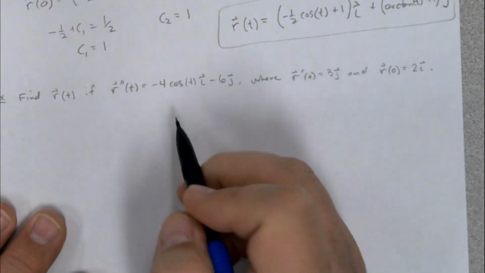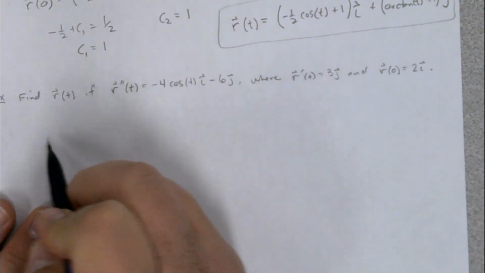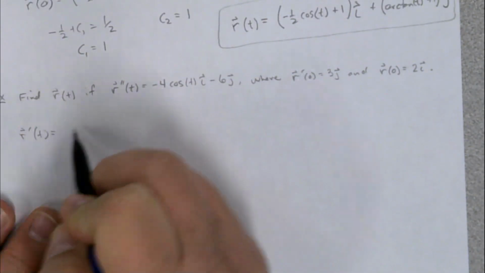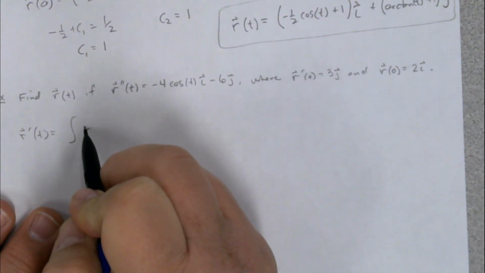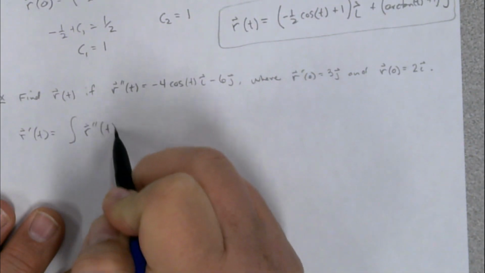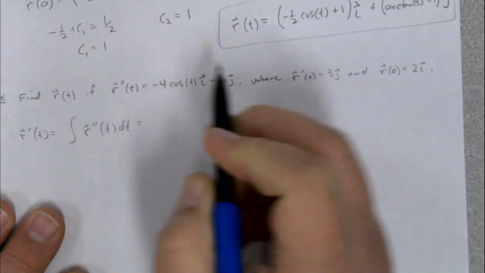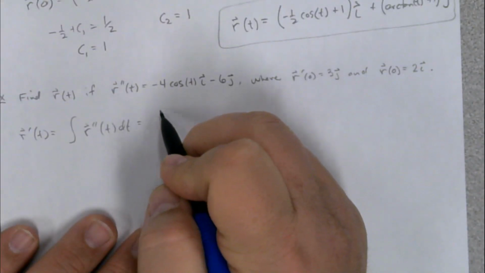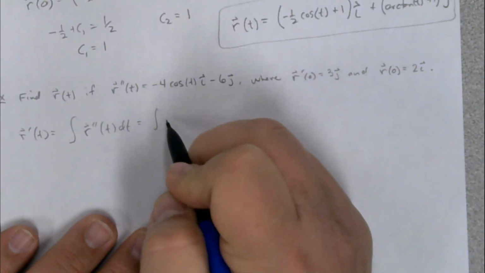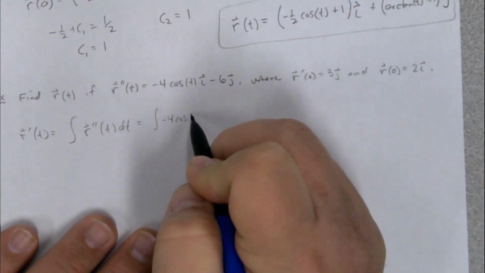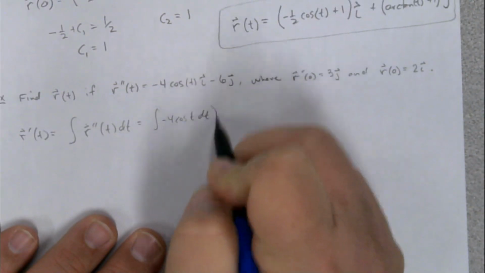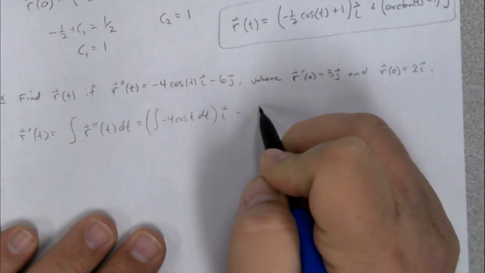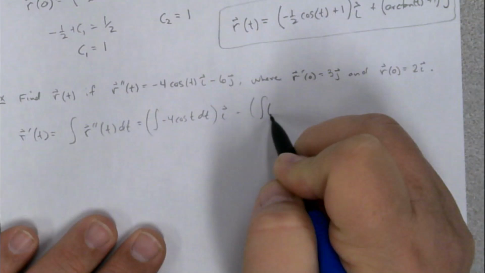So we want to find r prime of t, which is the integration of r double prime of t dt, which is the integration of each of these pieces. And then minus the integration of 6j.